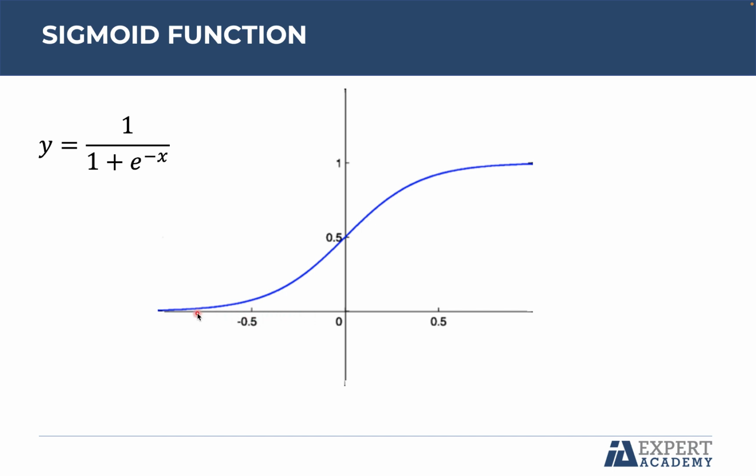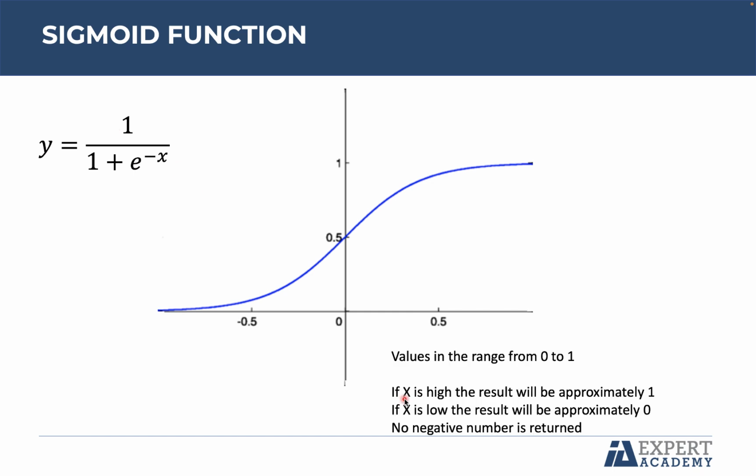The blue line touches all the points on the graph, which is why we can say that it returns values in the range from 0 to 1. Here you can see the equation to get the sigmoid value. If x is high, the value is approximately 1.